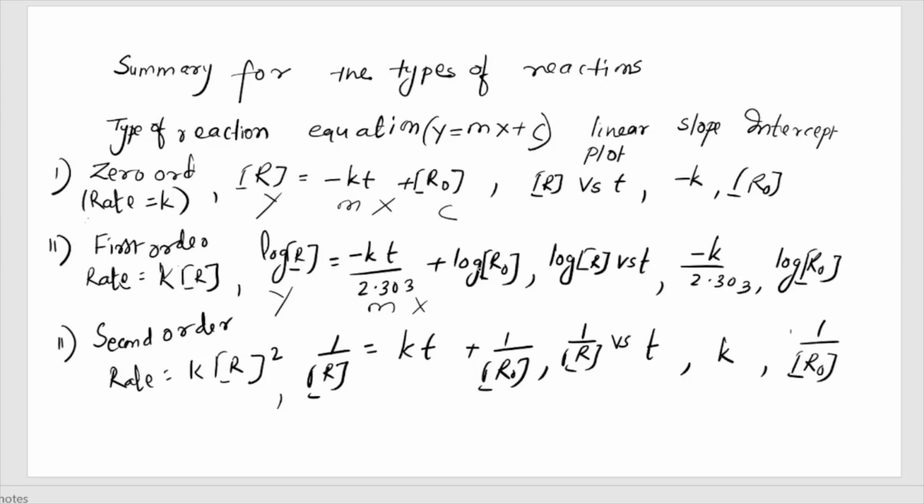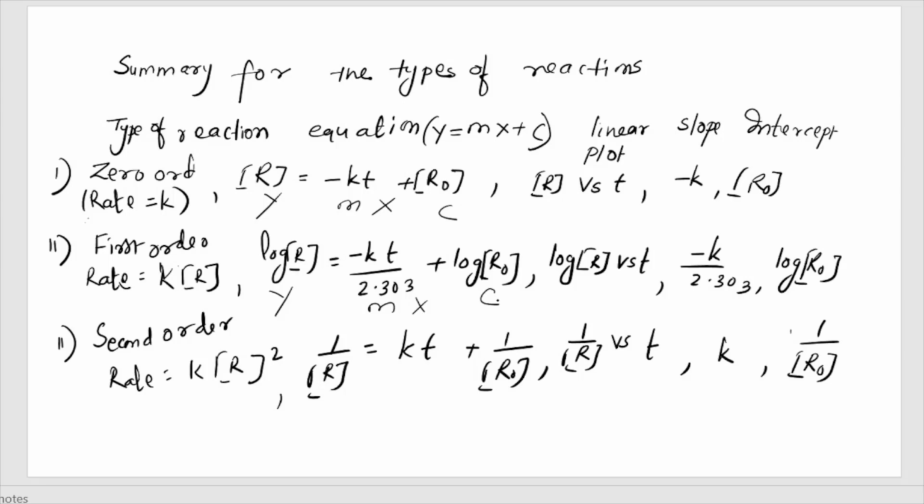Log R versus time. The slope is minus k divided by 2.303, and the intercept, that is the c, is log r0. That is where you put the molar concentration sign.